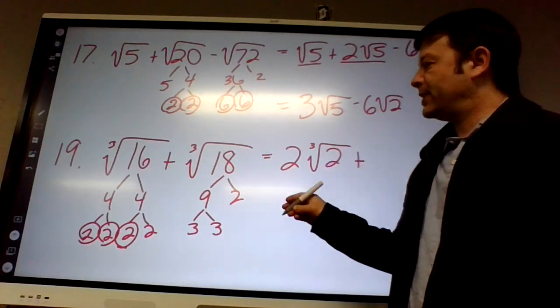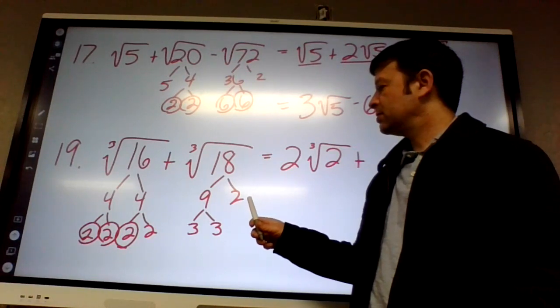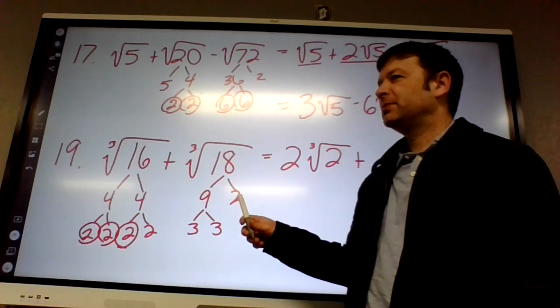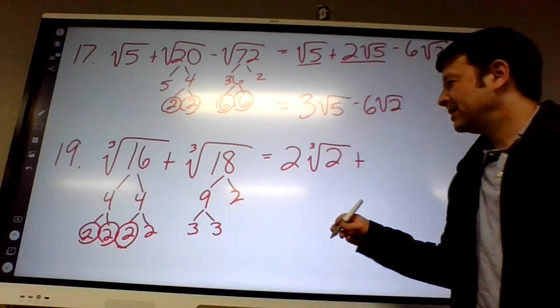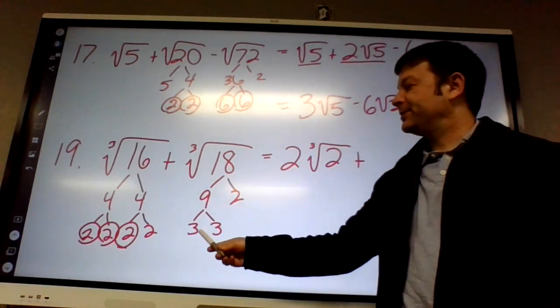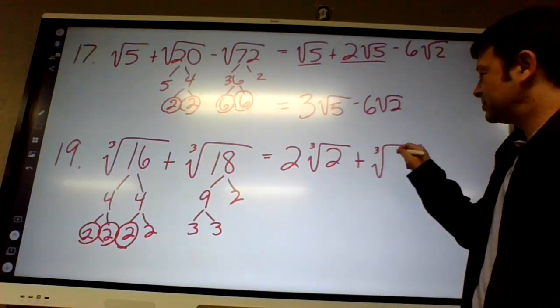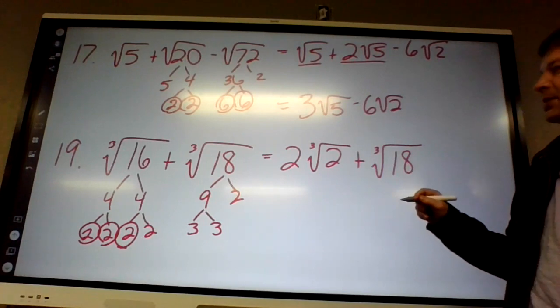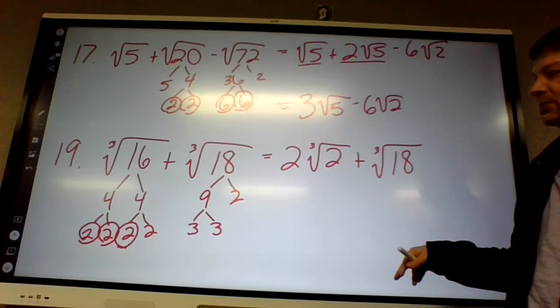Plus, how about cube root of 18? Doesn't simplify, right? Not enough 3's or anything. So it just stays cube root of 18. So can I do anything else? No. That's it.